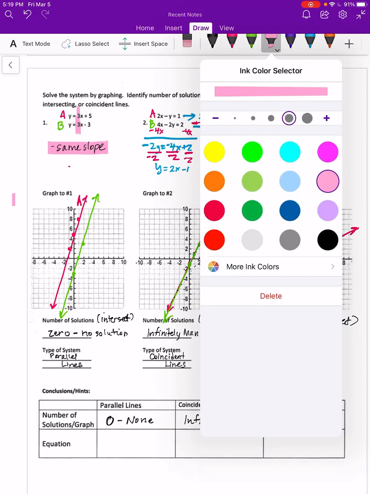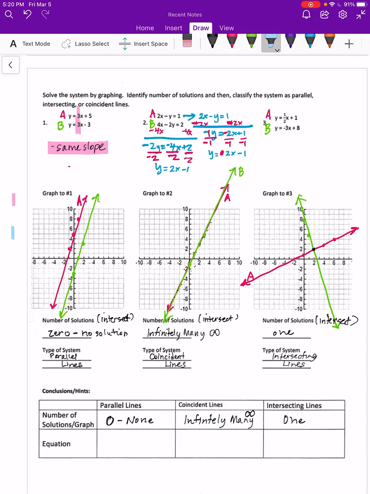Now let's do a baby blue. Let's look at here, the y-intercepts. So the y-intercept is right here. So 1 is 5 and 1 is -3. So you should see that they have different y-intercepts. Whew.